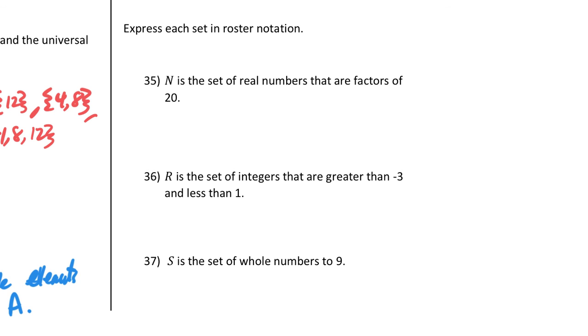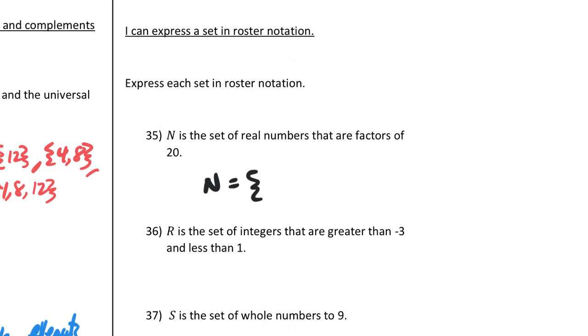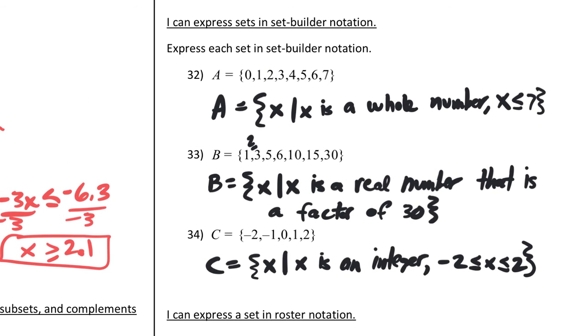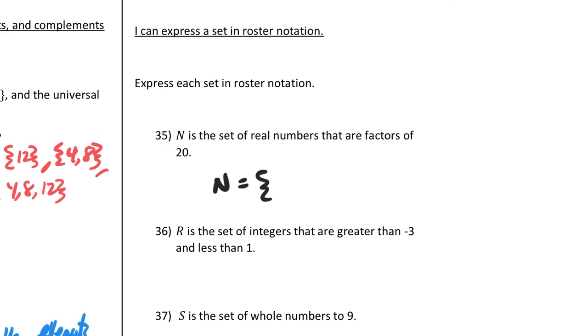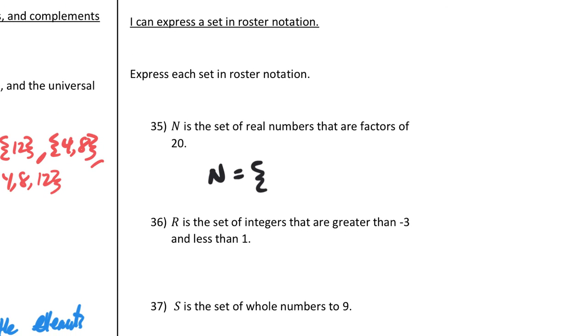And then we have our last little grouping here. Express these in roster notation. And this is going to be pretty easy. N is the set of real numbers that are factors of 20. So N is, and then open the curly braces. These right here were in roster notation, so it's just another way of writing the set.